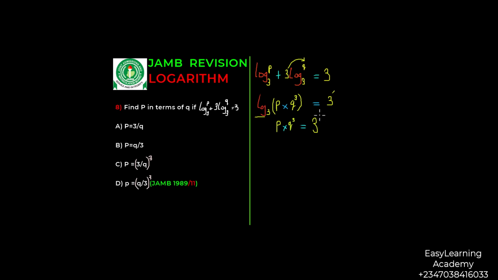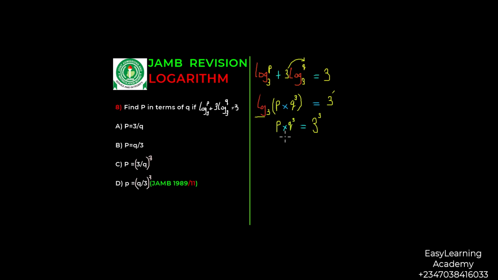It remains at the power, so base 3 raised to the power 3. But we are asked to find P in terms of Q, so it is P that we're going to have as subject of formula here.